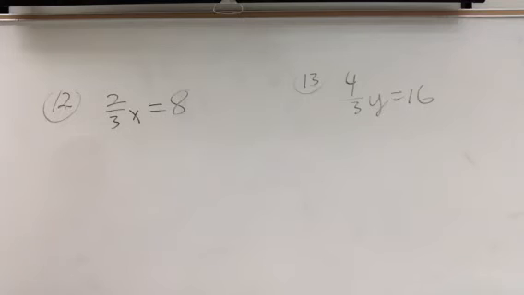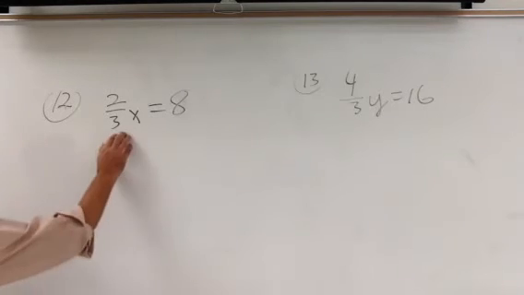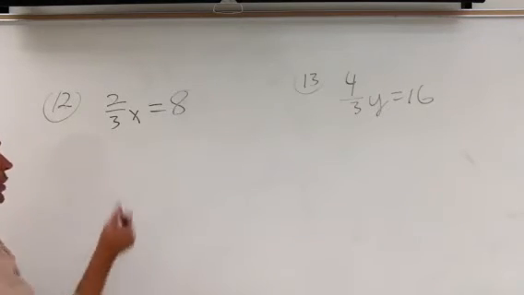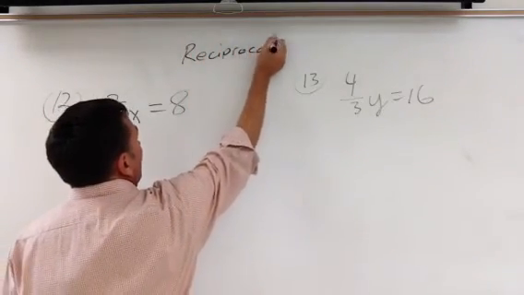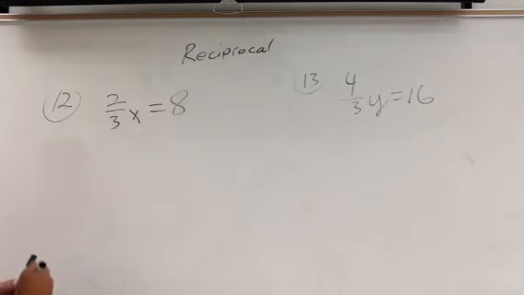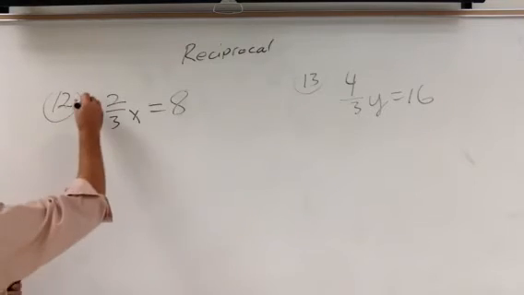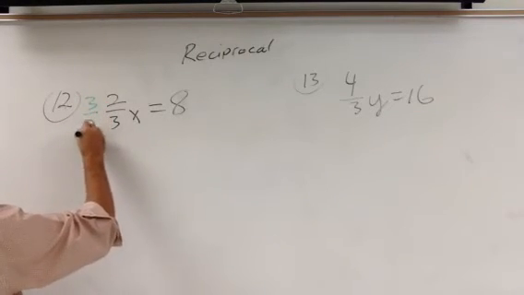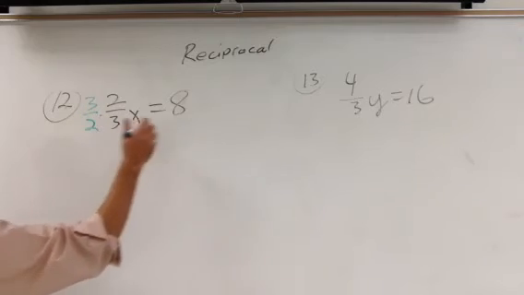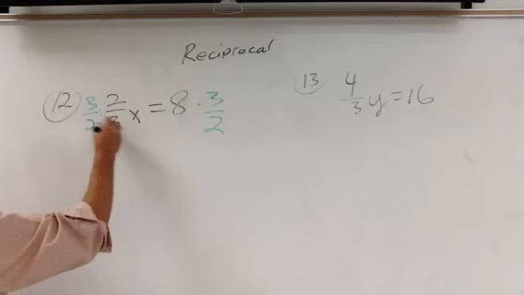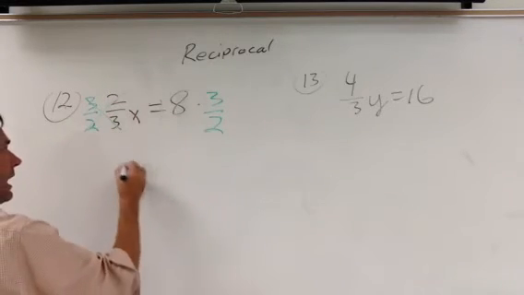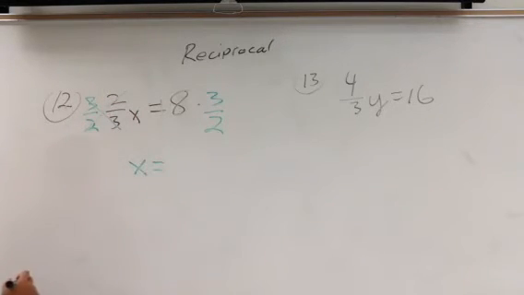But if you think back to pre-algebra, dividing by a number is the same thing as multiplying by the reciprocal. So the reciprocal of 2/3 is 3/2. Now remember, whatever you do to the left, we have to do to the right. Now the 3's cancel, the 2's cancel. I am just left with x.